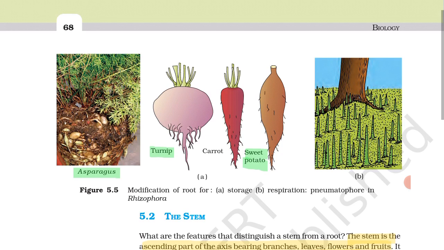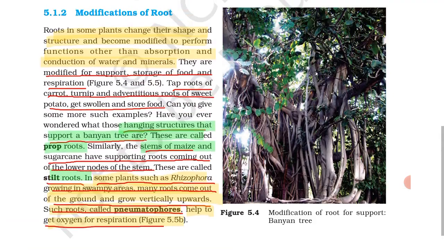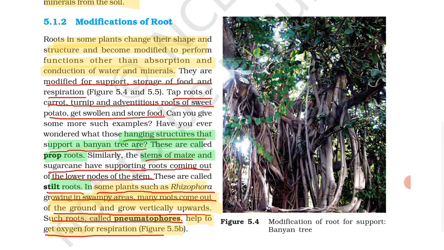See, the roots are coming above the ground in a vertical way. This helps for respiration and to get oxygen, and hence they are called nematophores. The example is rhizophora. So we have learned about modification of root.